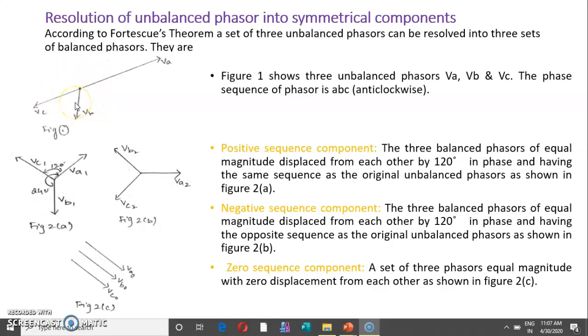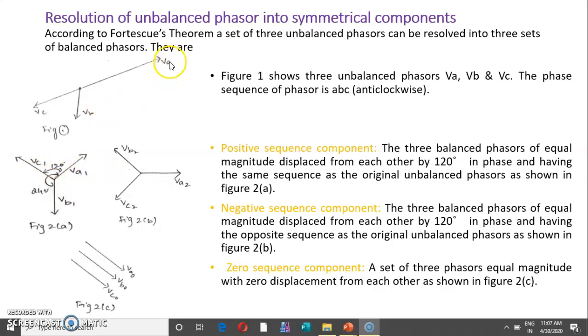This phasor set can be resolved into three balanced sets: the positive sequence, negative sequence and zero sequence components, represented respectively in figures 2A, 2B and 2C. The positive sequence components are those which have all magnitudes the same, are apart by 120 degrees, and maintain the same phase sequence as the original.